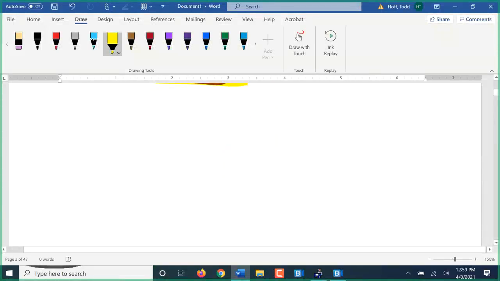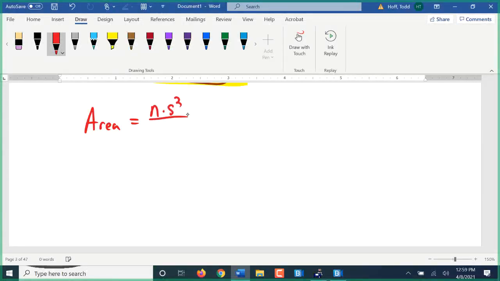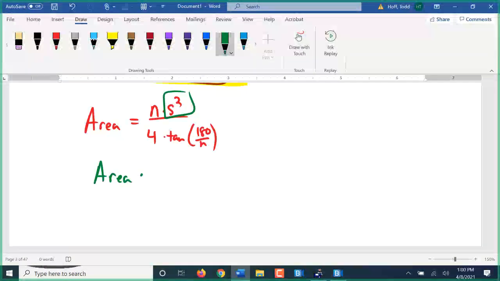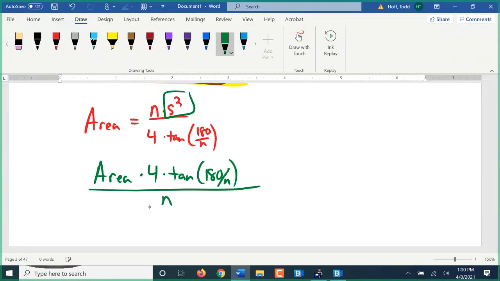So we can rearrange our formula where area equals n times s squared over 4 times the tangent of 180 over n. We can rearrange that for s. It's going to be our area times 4 times the tangent of 180 over n, all divided by n, and then square rooted.